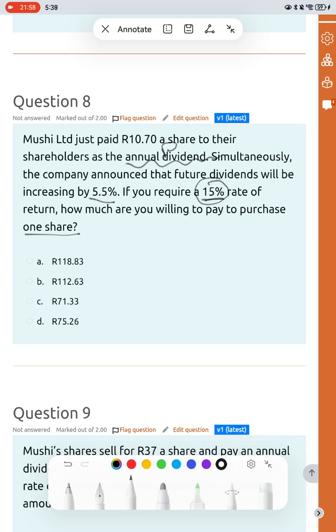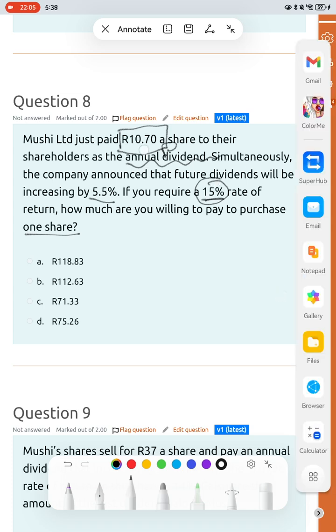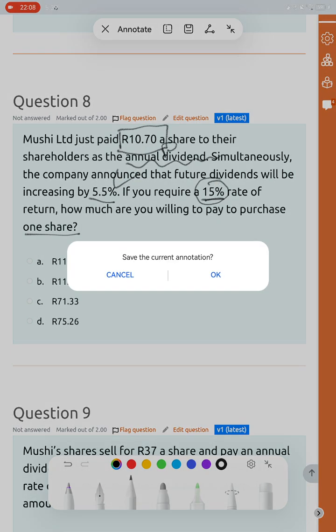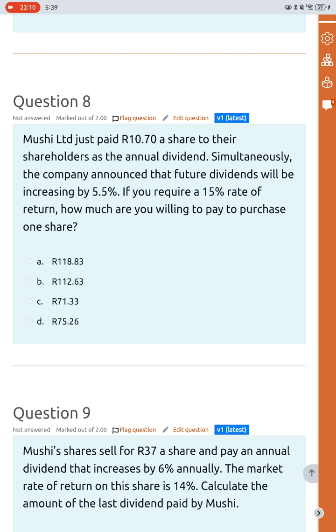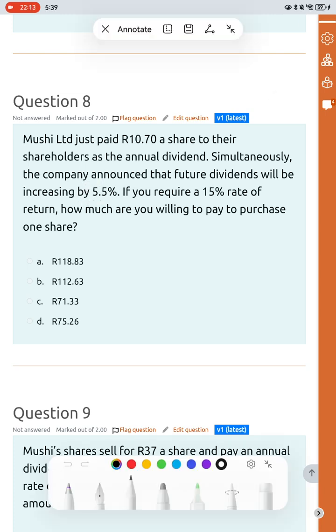So they promised that now they just currently paid 10 Rand per share. Then they announced that that 10 Rand is going to be increasing by 5.5%, right? And you require a rate of 15% for your investment. So how much are you willing to pay for one share, right? So you just come in and put in your inputs.